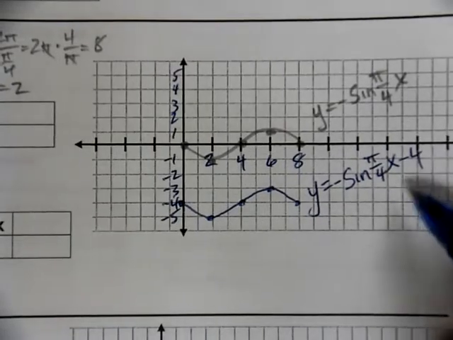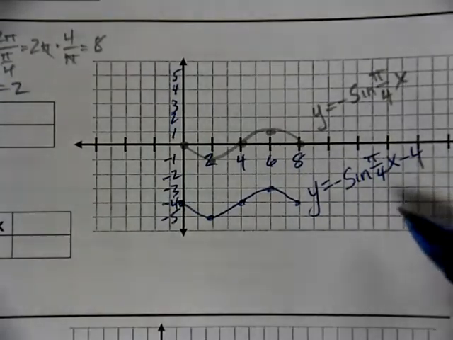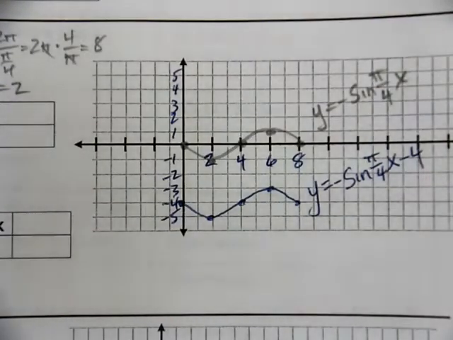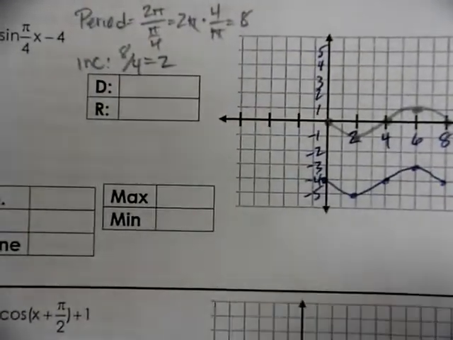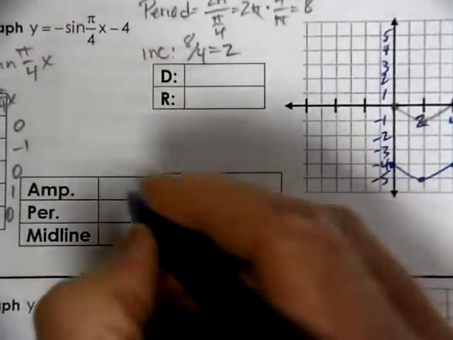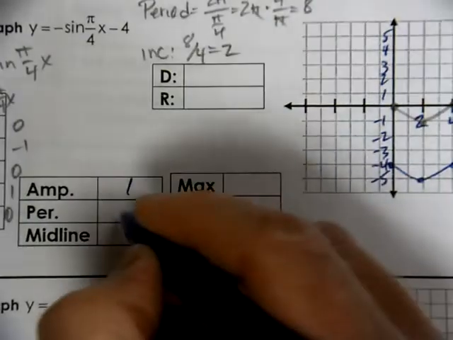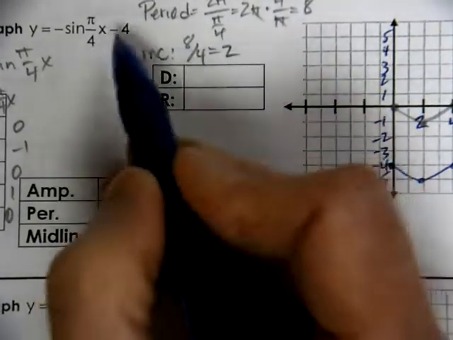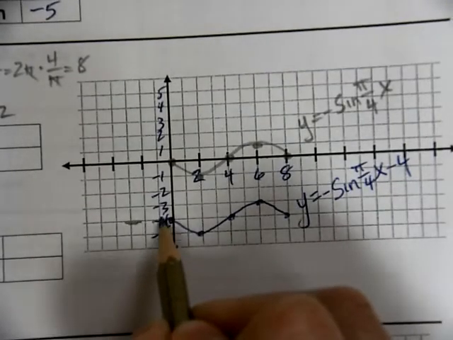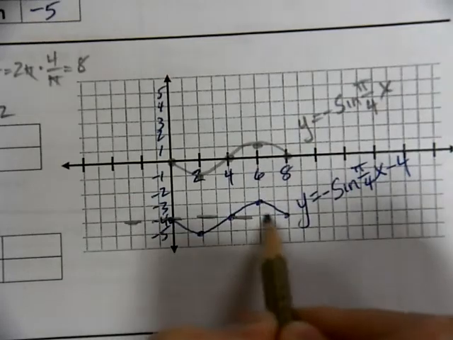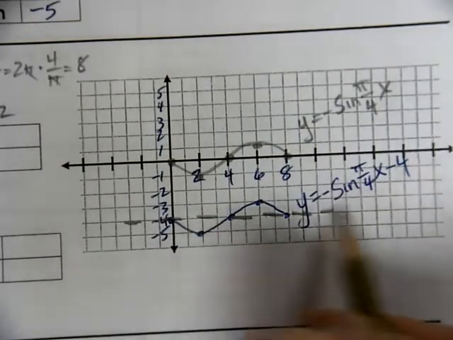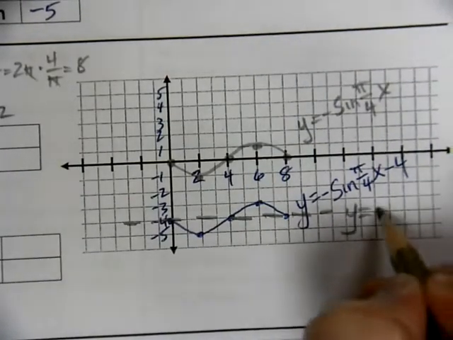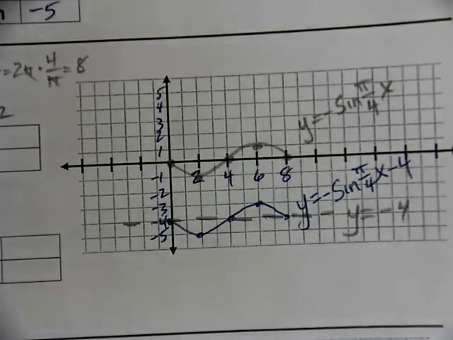Notice the 4 is not in parentheses. That means it's not right and left. It's up and down. The amplitude is the absolute value of the A. The period we calculated as 8. The midline is our K value of negative 4. That means in my graph I need to label my midline as y equals negative 4.